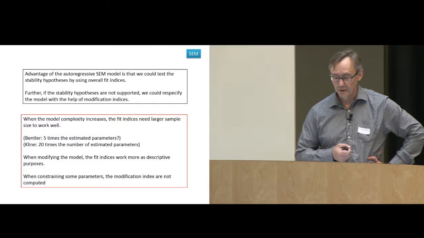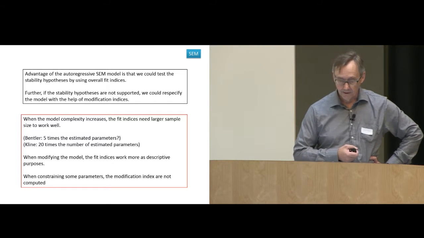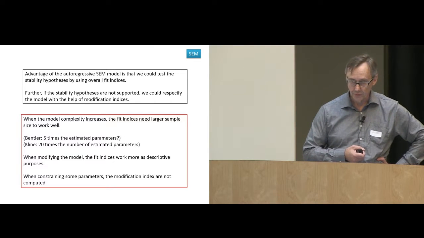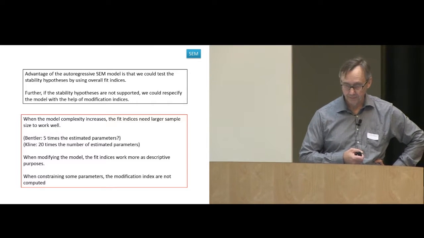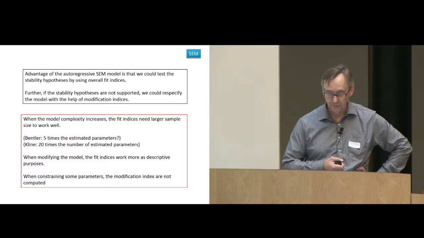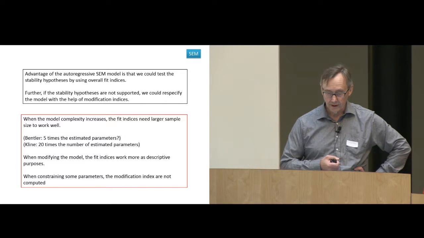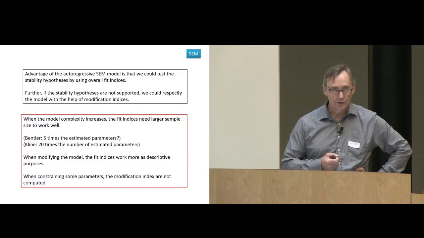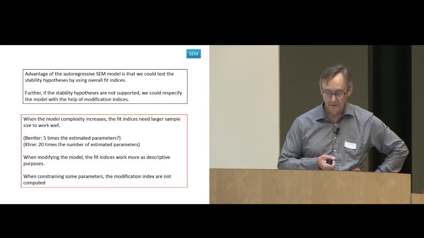Those two things are useful when your sample size is large. But when the model complexity increases, when you put more variables and more arrows in your model, the fit indices need a larger sample size to work well.